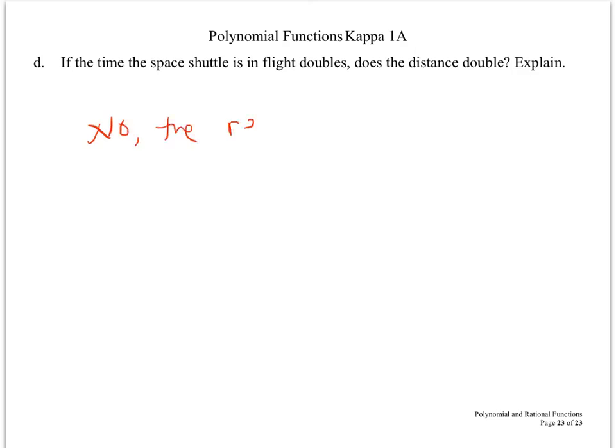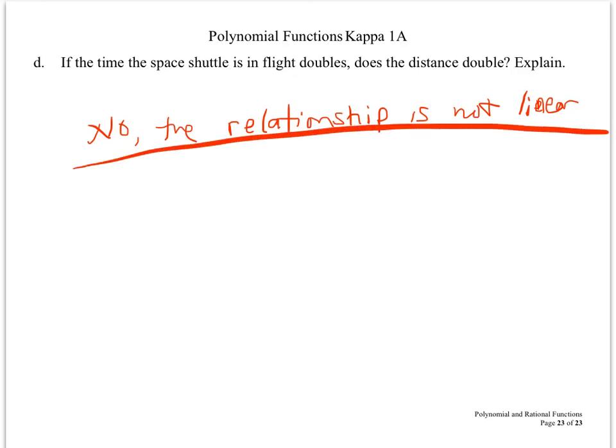The relationship is not linear. And the reason it's not linear, if you look at the exponents in the problem, they exist. If you have a variable with an exponent, that's not linear. So the relationship is not linear, that is the explanation.